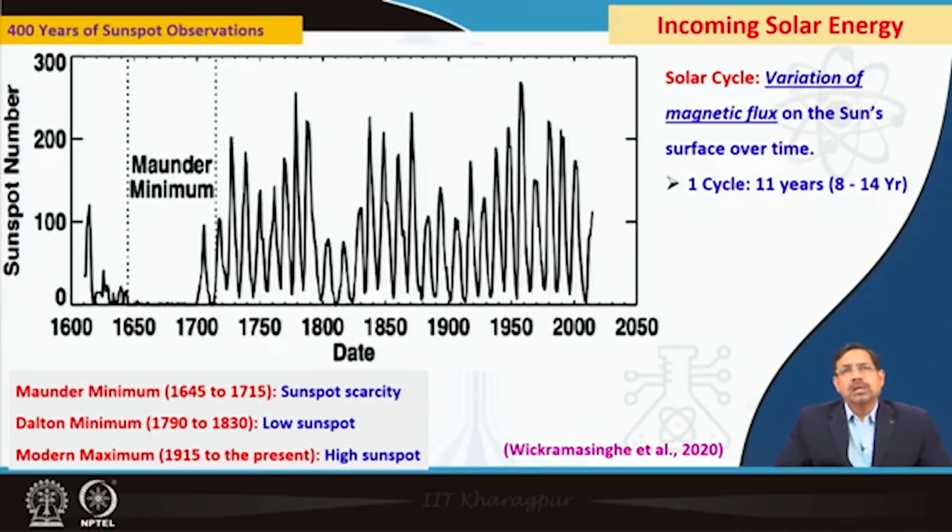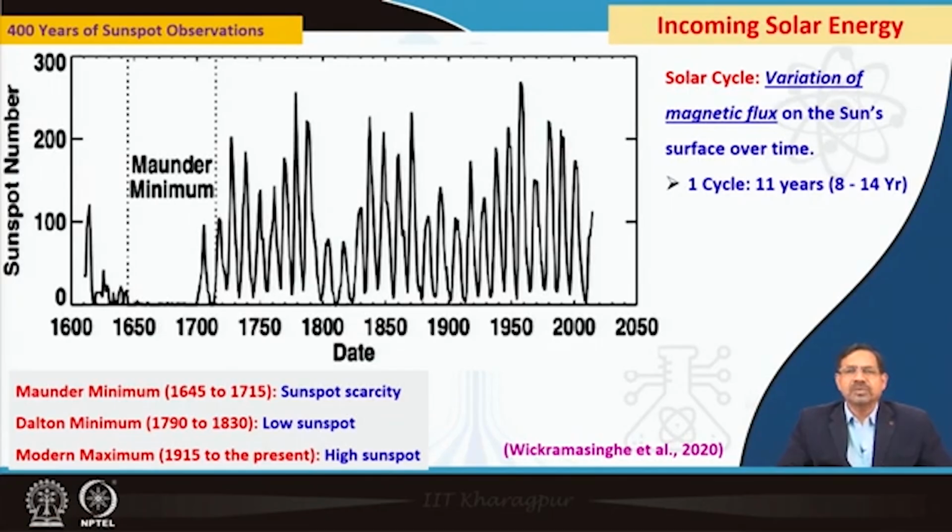And so, the solar cycle, that means the variations of magnetic flux on the sun's surface over time. This sunspot cycle, we have studied, is on an average of 11 years, but it varies between 18 to 14.